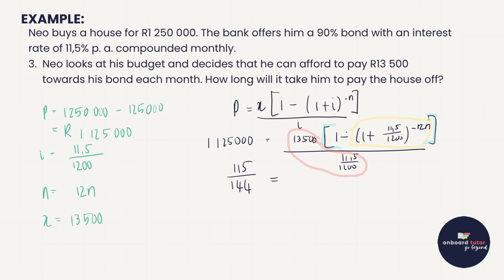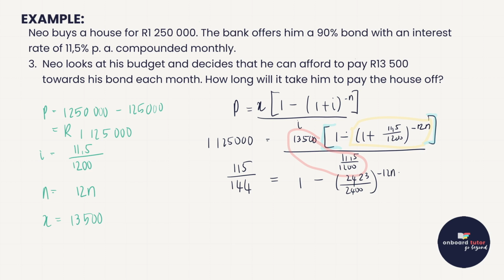Okay, and that is equal to 1 minus, and then this other bracket, which if you punch that into your calculator, 1 plus 11.5 over 1,200, you get an answer of 2423 over 2400. Okay, and that is to the power of minus 12n. Okay, now I'm going to switch some things around.